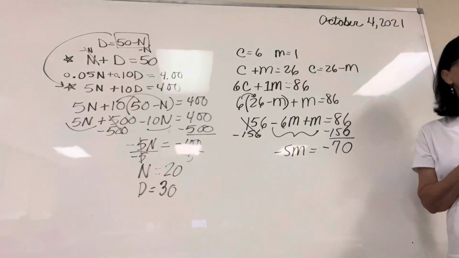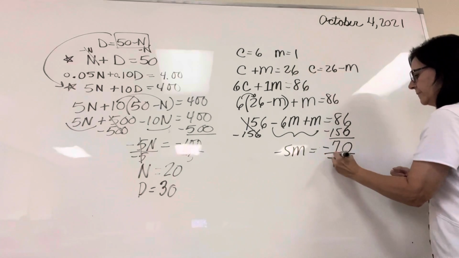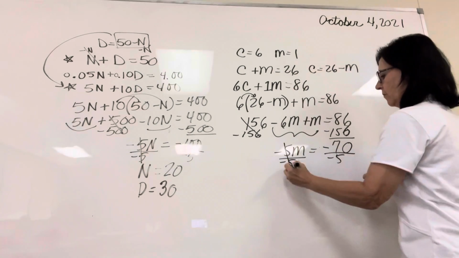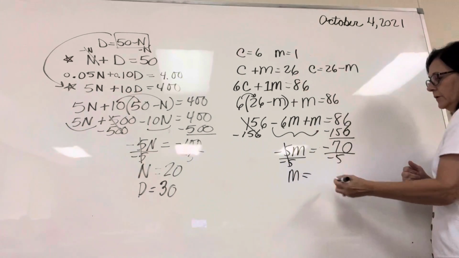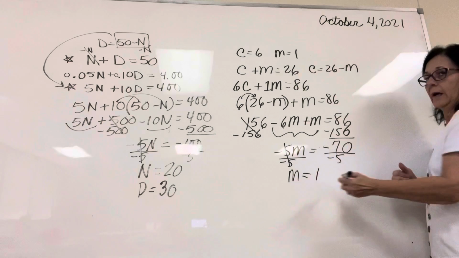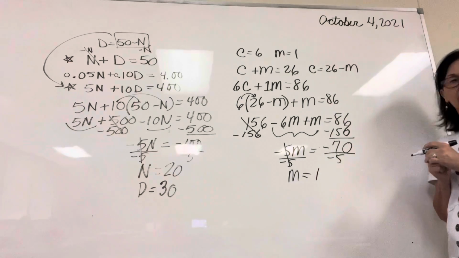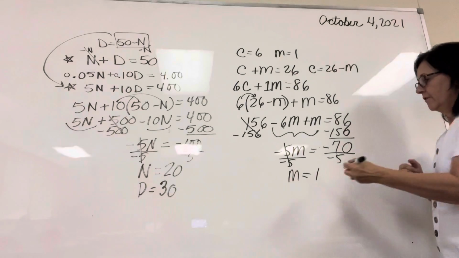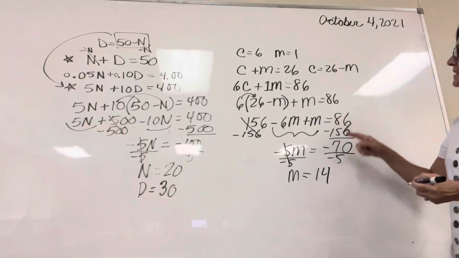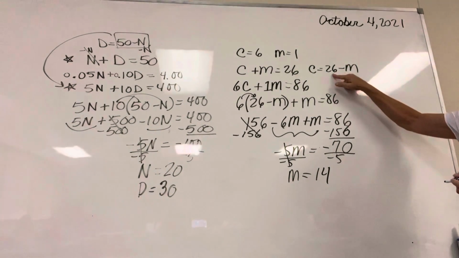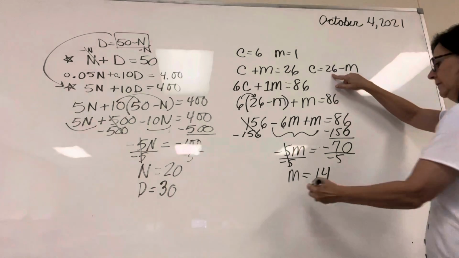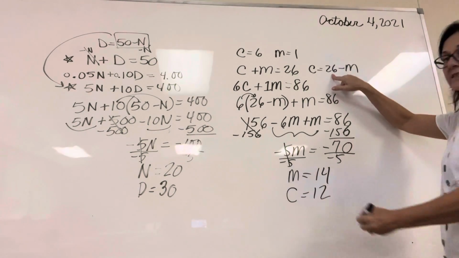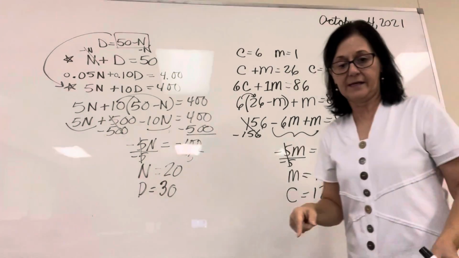Is that correct? Dividing both sides by negative 5. How many mussels do we have? What's 70 divided by 5? 14. If I have 14 mussels, then how many codfish do I have? 12, because the sum total must be 26.